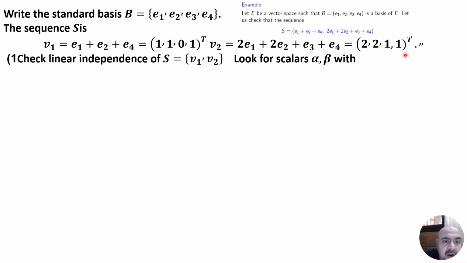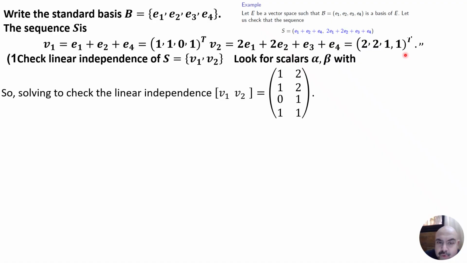Let's check if they are independent or not. This is really very simple. All I have to do is put them either in rows or columns. As you saw previously, I usually prefer to use columns. So I've taken the first vector as the first column and the second vector as the second column.